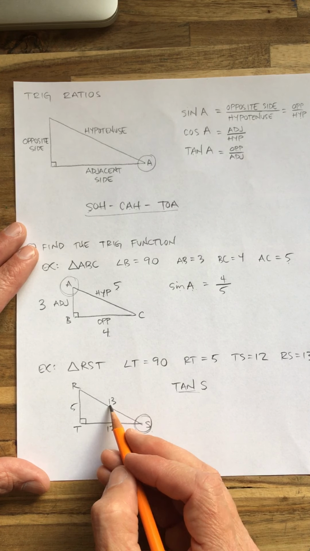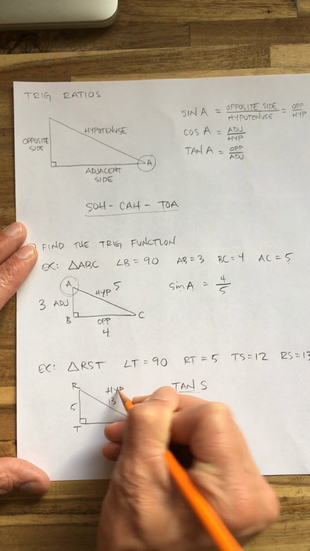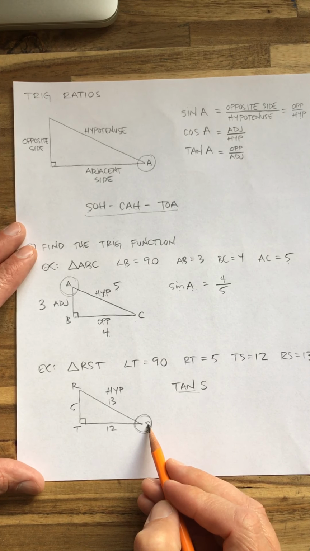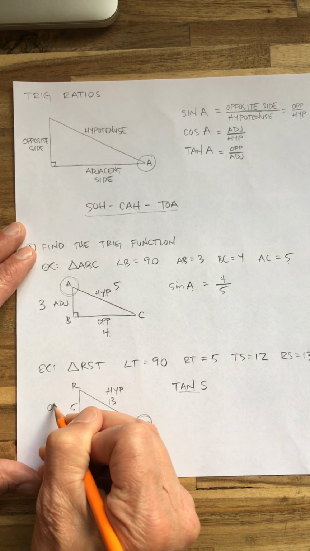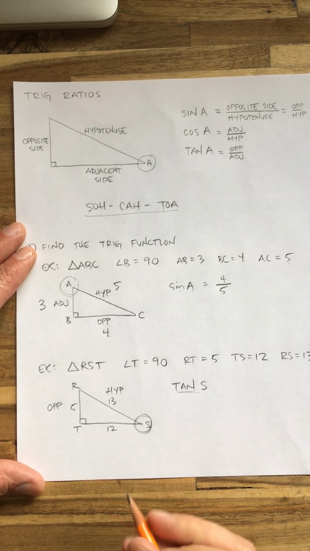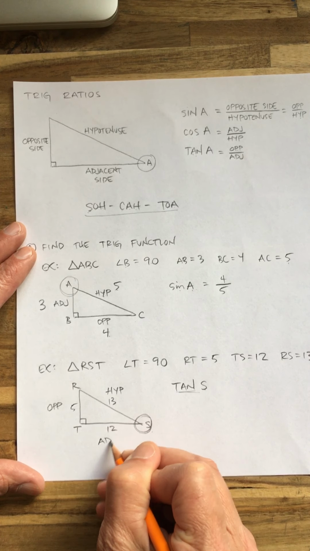Remember, it's the longest side. It's across from the right angle. So here's the hypotenuse. Since this is angle S, the side all the way across from it is my opposite side. And then here's my S, so this is the adjacent side next to it.